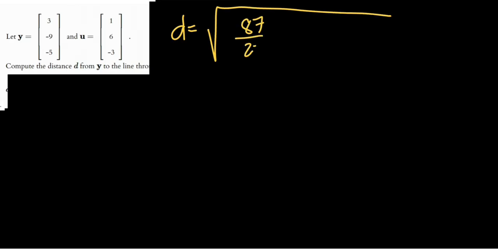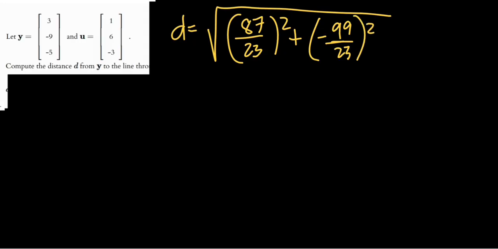So the distance would be the square of everything: 87 over 23, negative 99 over 23, plus negative 169 over 23.